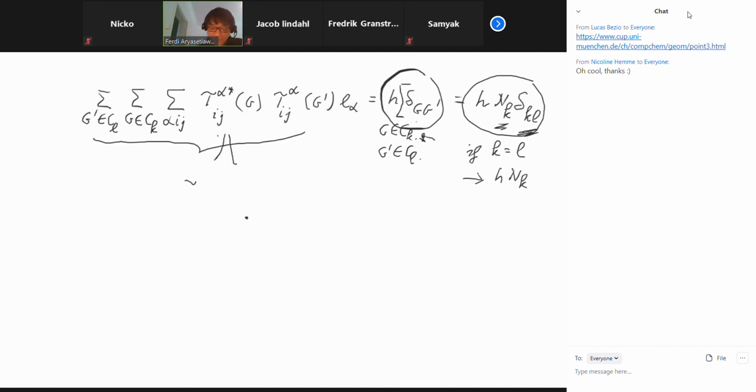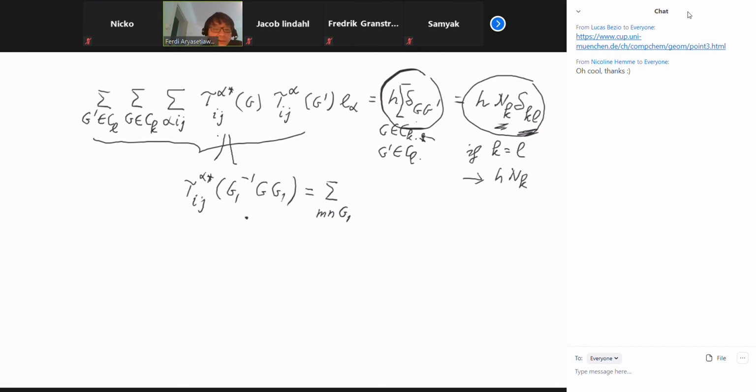Good. Now, I can rewrite this part here in this way. G1. So I do kind of a similarity transformation. And this is equal to the sum over index.